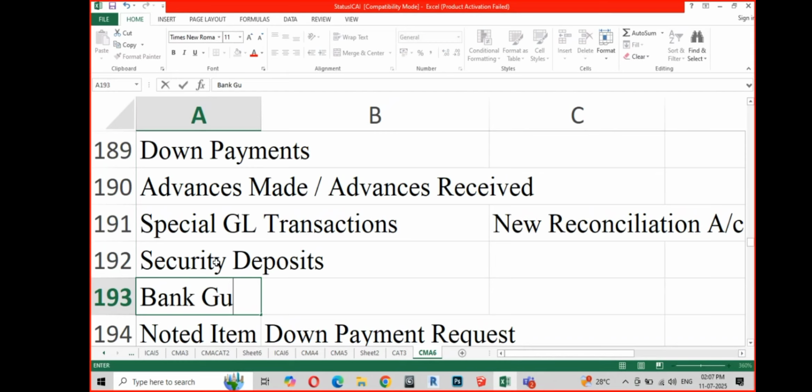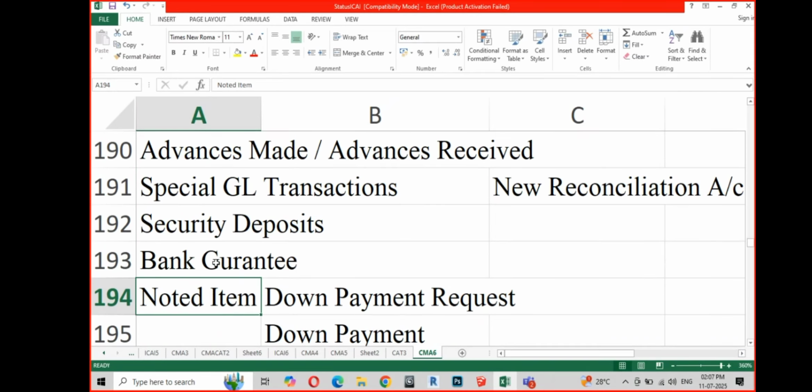Earlier, probably you would have heard about some financial instruments like hundi, bills. Now these concepts are outdated, right? Suppose you may pay some rental deposit in advance.